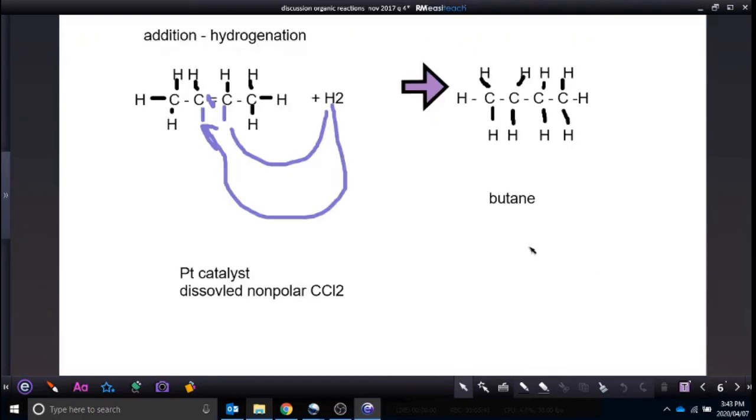Okay, so what will happen is the bond will break, we will form two more bonds, the H2 is added, so H will sit on each of the carbons to get butane. The Pt is our catalyst, and it is dissolved in a non-polar compound.